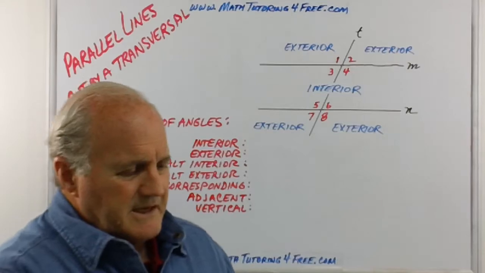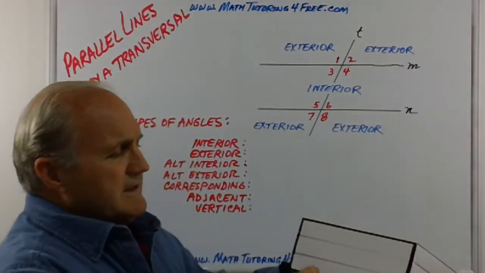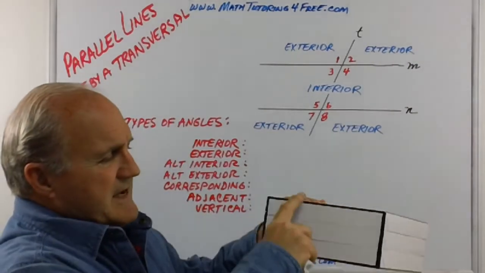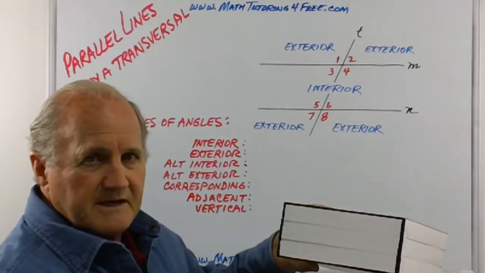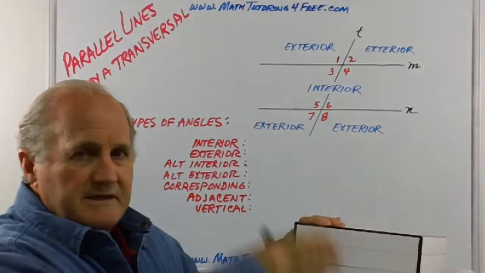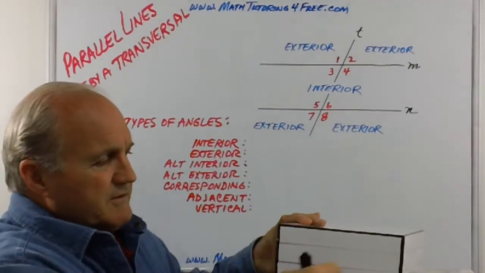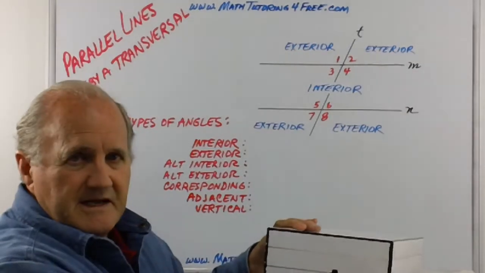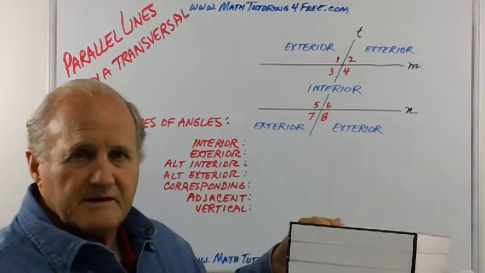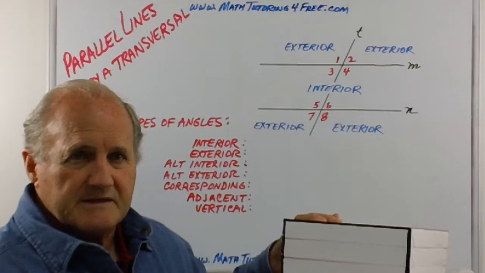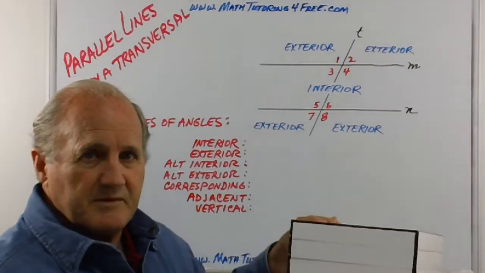If we look at the ends, we could say that the top and bottom line of this end are parallel. They're in the same plane, the same way with the vertical lines on the side. Those are parallel lines, and they happen to be in the same plane.